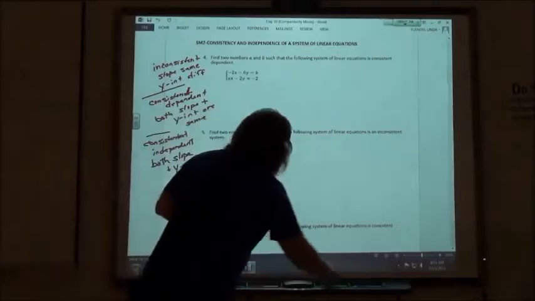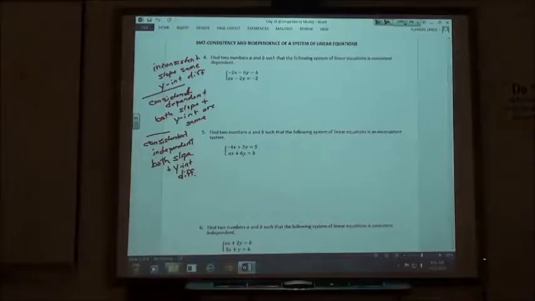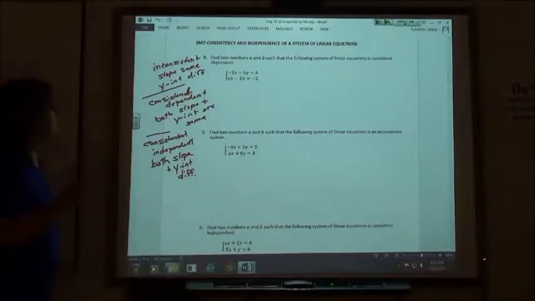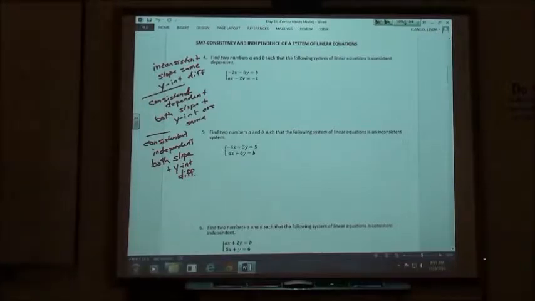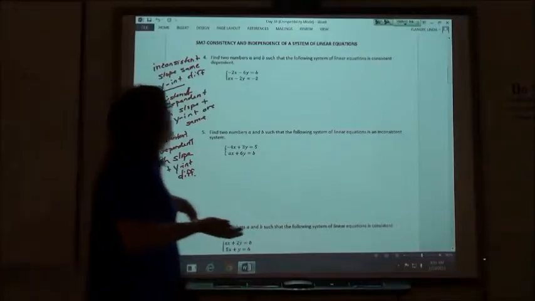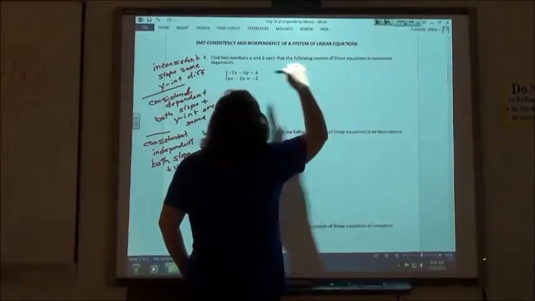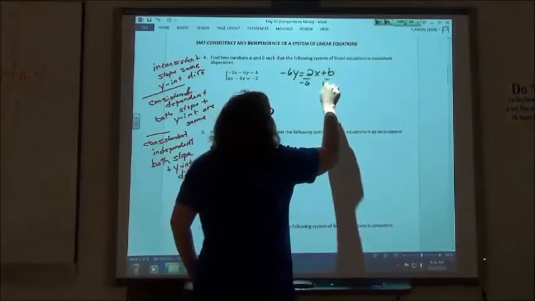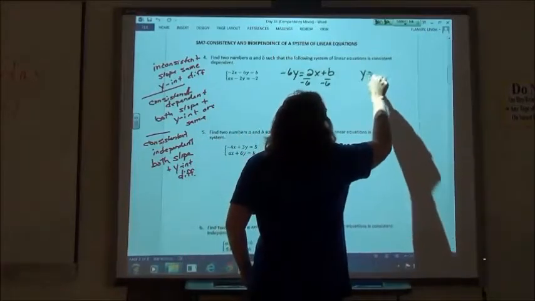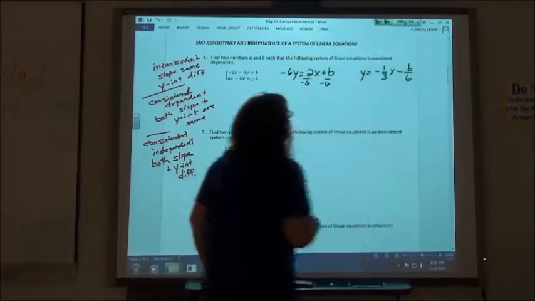So, find two numbers a and b such that the following system of linear equations is consistent dependent. If it's consistent dependent, I want my slopes to be equal, I want my y-intercepts to be equal. So basically I'm going to start the same way, set them equal to y. So on the top one, negative 6y is going to equal 2x plus b, dividing by my negative 6, y is going to equal negative 1/3 x minus b over 6.